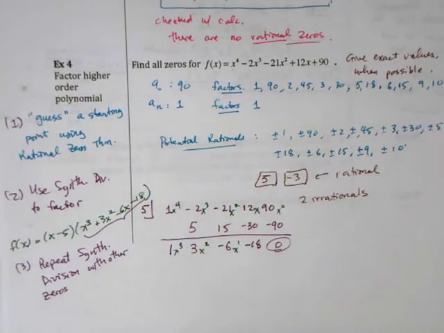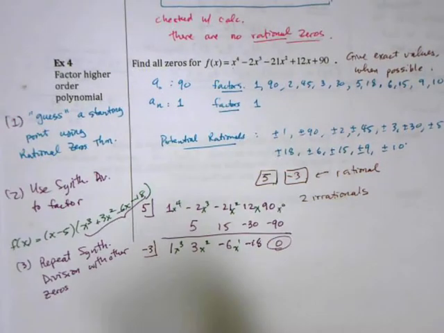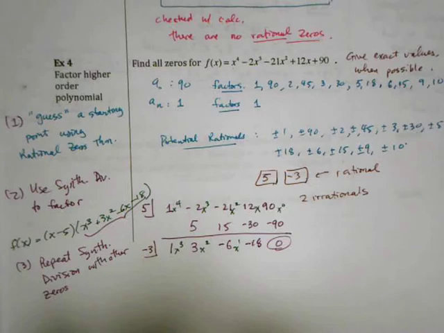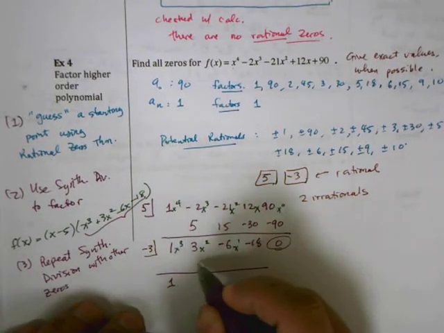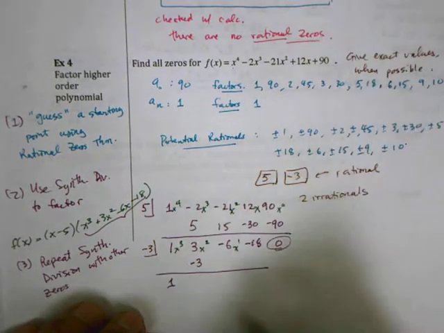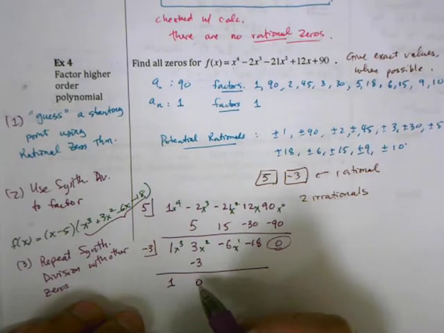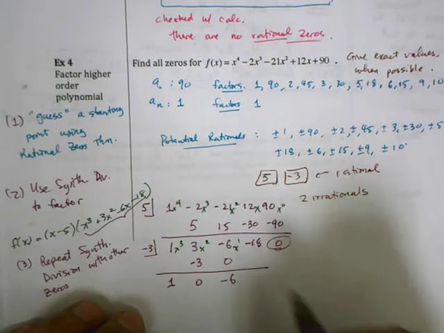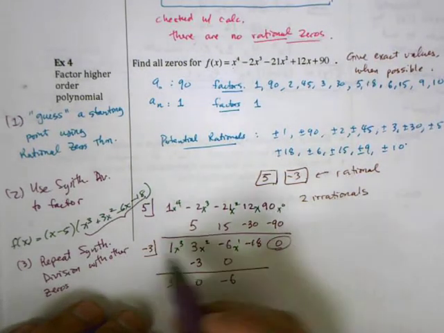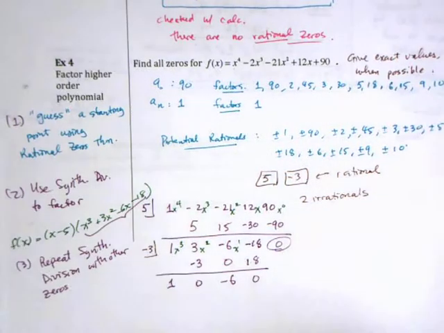So I'm going to use -3 right here in this box and just continue synthetic division one more time. Bring down the 1. 1 times -3 is -3. 3 plus -3 is 0. 0 times -3 is 0. Add gives you -6. -6 times -3 is positive 18, and this gives me 0.